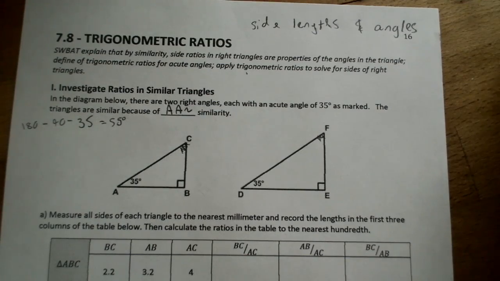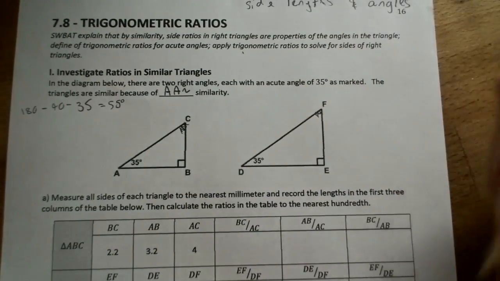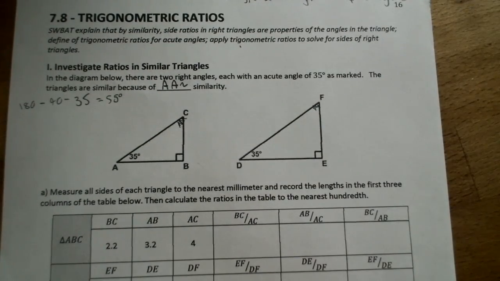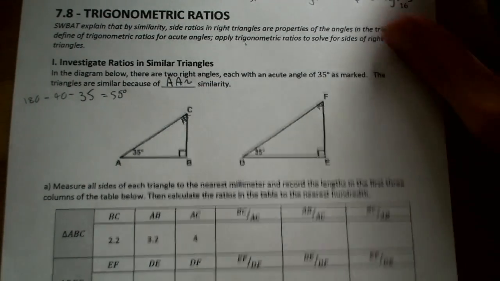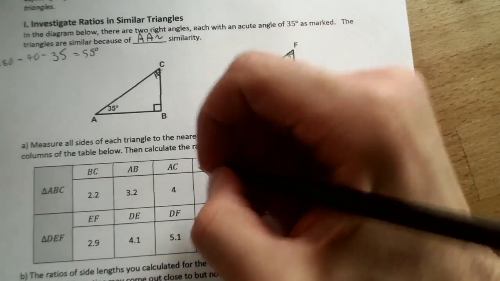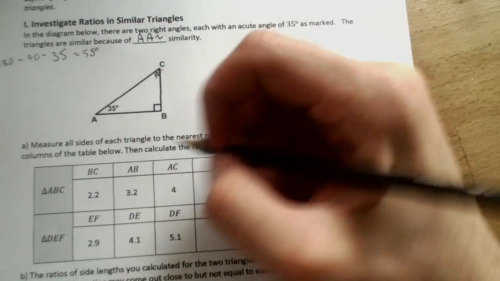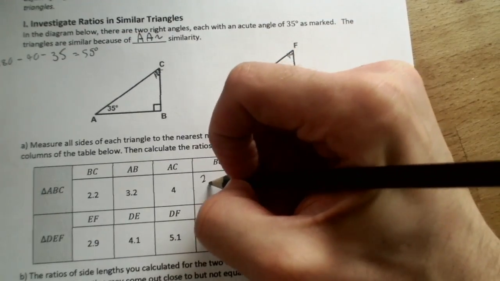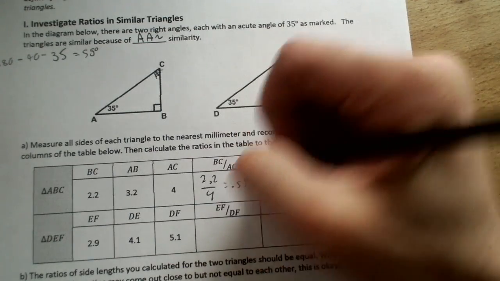When we have similarity, that means that our sides are proportional, such that if we start to set up fractional statements associated with the length of these sides, like those equivalency statements we did back in the day where we had triangles cut in half at its mid-segment, or triangles with scale factors, we're able to show that if we set up fractions, say BC over AC, like 2.2 over 4, we got a number like 0.55.